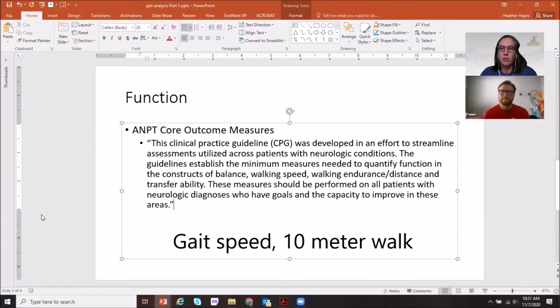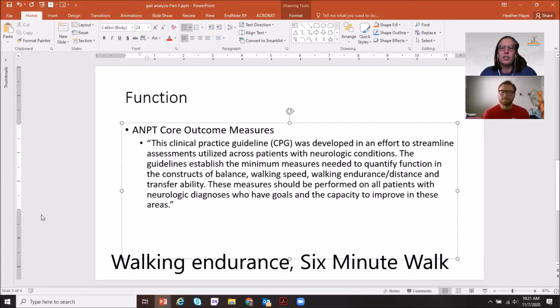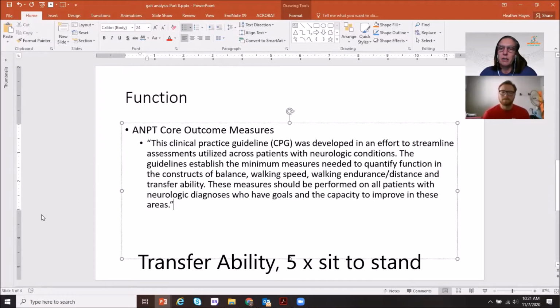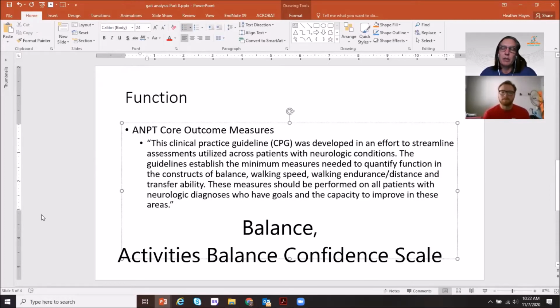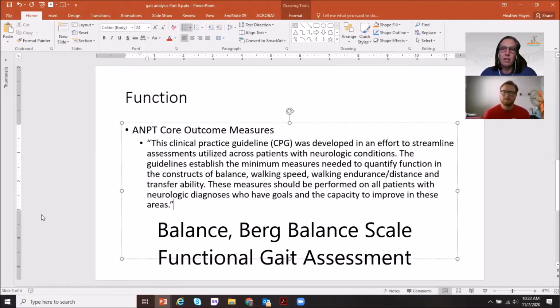Walking endurance is the 6-minute walk. Transfer ability is the 5 times sit to stand, which also gives you a strength assessment. For balance we have the Activities-specific Balance Confidence scale, which gives you a sense of how they're walking in the community, the Berg Balance Scale, and the Functional Gait Assessment. So we get a dynamic and a static balance assessment.